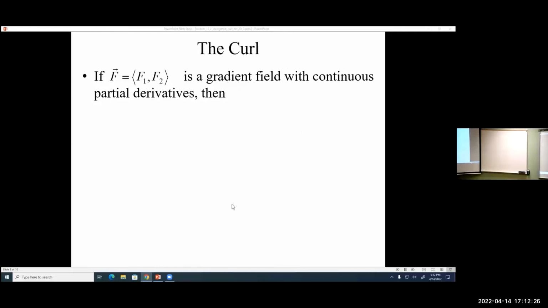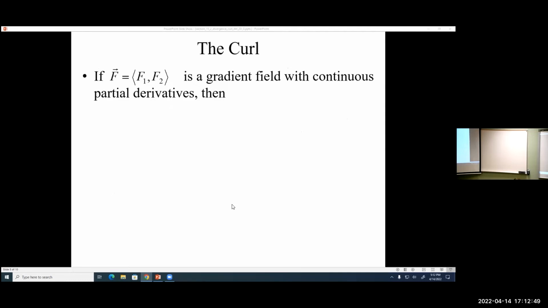Now, let's assume that we have a gradient field. We talked about this last time. A gradient field is a vector field, but not all vector fields are gradient fields. We have a gradient field if there is a potential function whose gradient made our vector field.